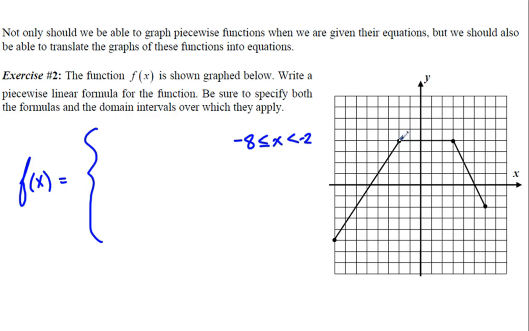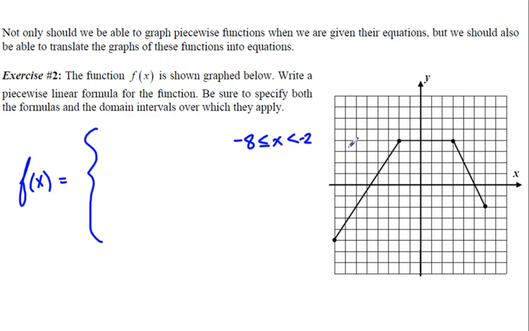Which one does it belong to? I don't know. It doesn't really matter. I would say just be consistent. You do not want to have a particular x value defined for more than one definition. In other words, I'm not going to include -2 on the first one and include -2 on the second one. I'm going to pick one or the other.